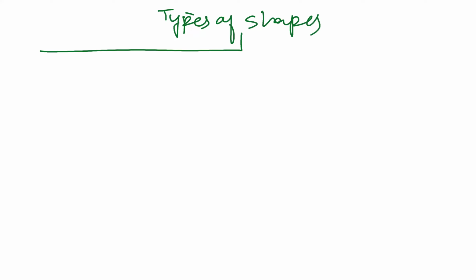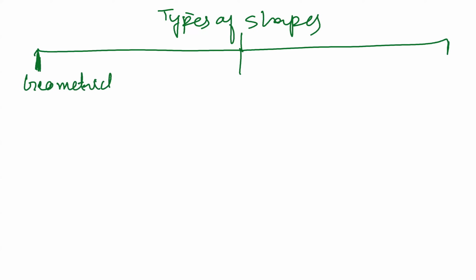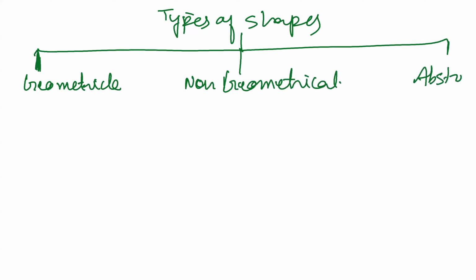Now types of shapes. So there are 3 types. Geometrical, non-geometrical, abstract.